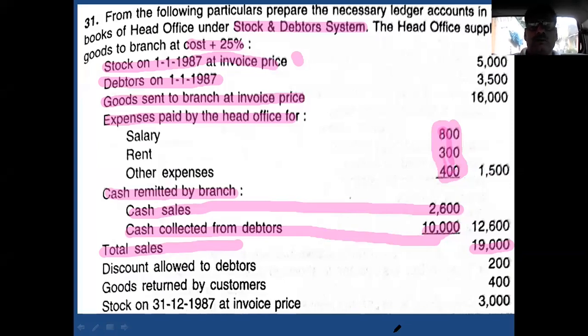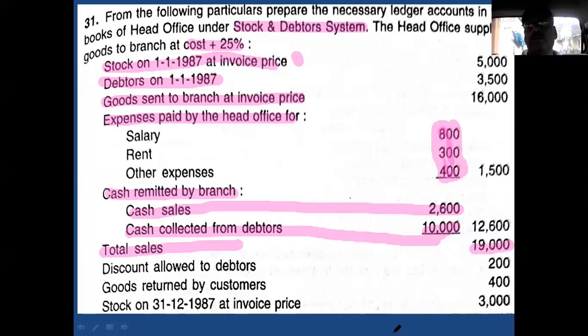If you deduct cash sale from the total sale, you get credit sale. So credit sale is equal to 19,000 minus 2,600, that is 16,400.